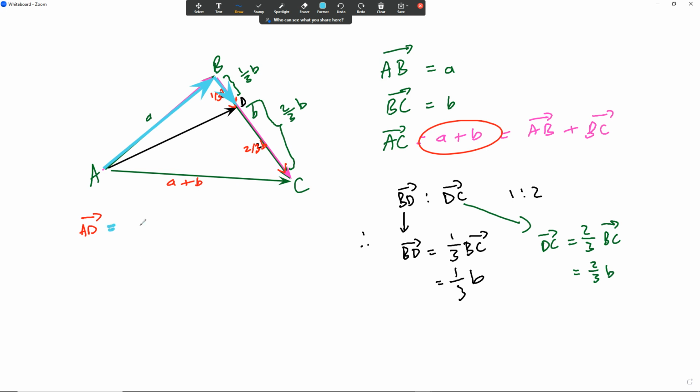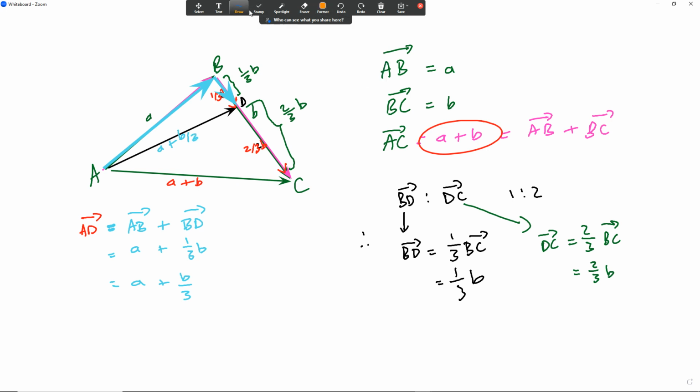AD can be given by vector AB plus vector BD. Now remember, AB is A, and BD is 1/3 of B. That's equal to A plus B over 3. And that's going to be vector AD, A plus B over 3.